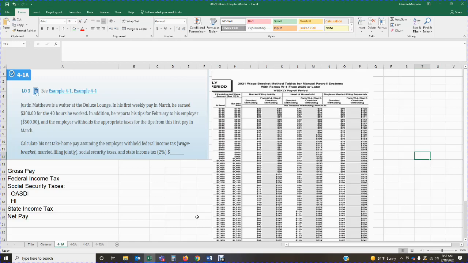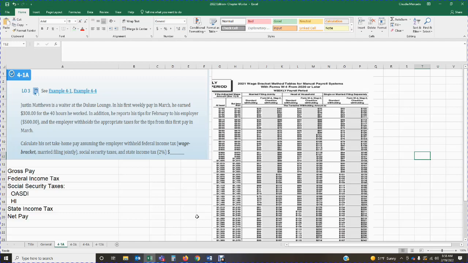Okay, now they ask us to calculate his net take-home pay, assuming that the employer withholds federal income tax using the wage bracket method, and this employee is filing joint. Okay, we're also going to deduct Social Security taxes and state income tax of 2%.